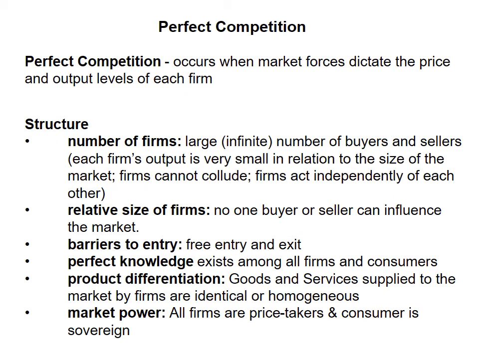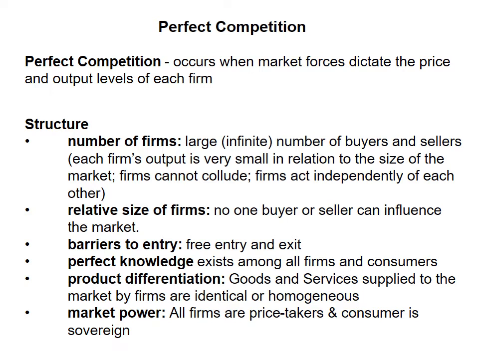So looking at it more in depth, perfect competition occurs when market forces dictate the price and output levels of each firm. So please be aware there's market forces and then there's how the firm reacts. You're going to see in a few minutes what the market forces are versus how that translates into an individual firm.